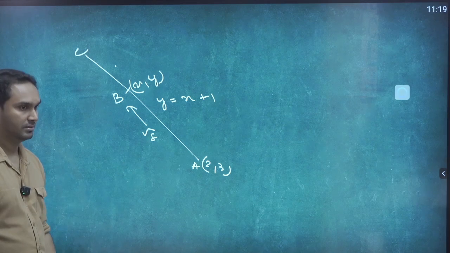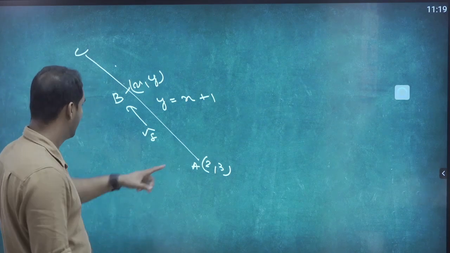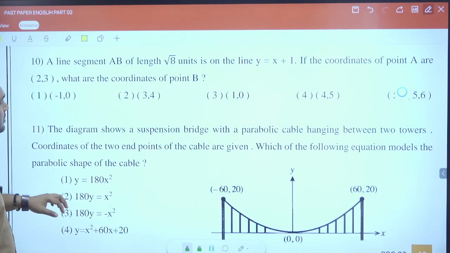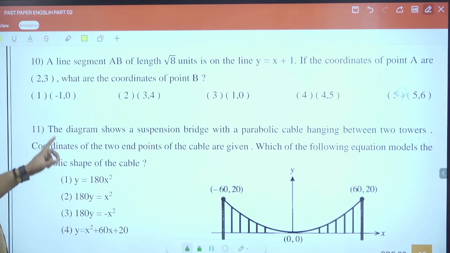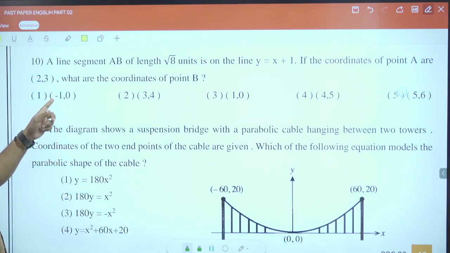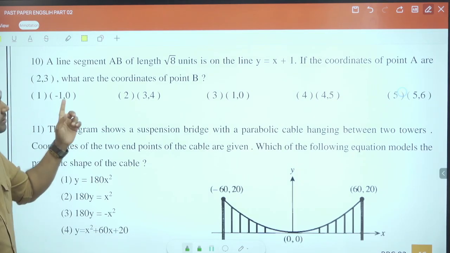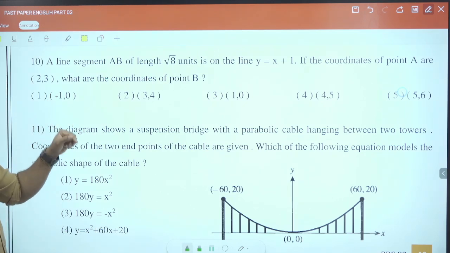So what are the values here? 2, 3 are here, right? 2 minus minus 1 will be 3. The other coordinate is 3, so 3 minus 0 will be 3. 3 squared plus 3 squared is 9 plus 9, 18, and the root of 18 is not this one.